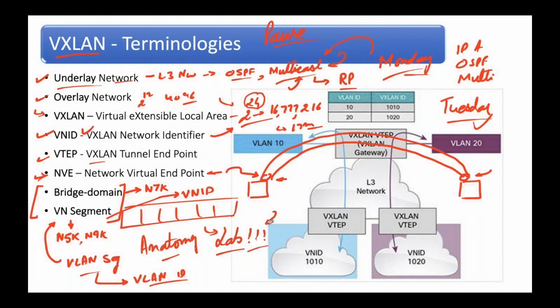In the moment you have curiosity, you will be able to understand it very well practically, because there you will be configuring VN segments, configuring NVE interfaces, and talking about VTEPs and VNIDs, and of course multi-tenancy as well.